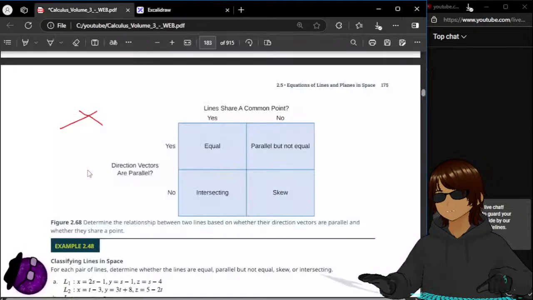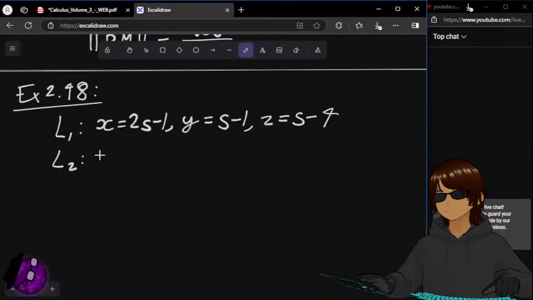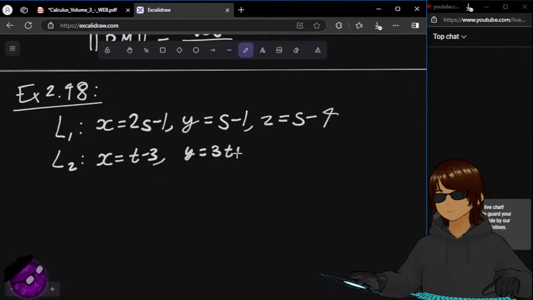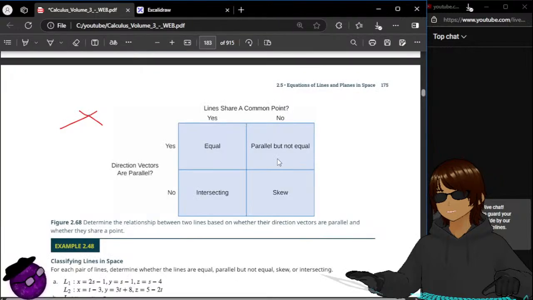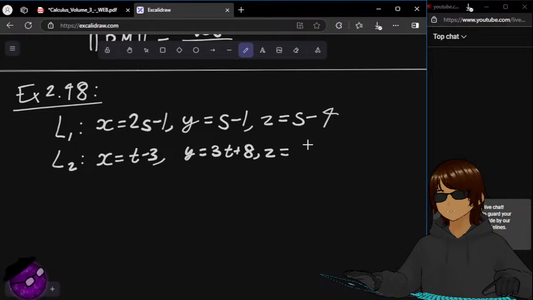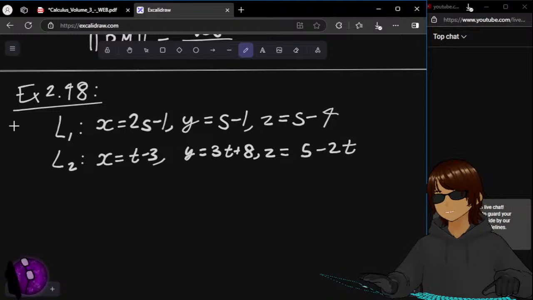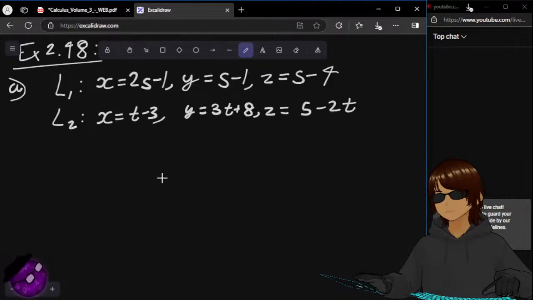L2: x is t minus 3, y is 3t plus 8, and z is 5 minus 2t. This is part A.